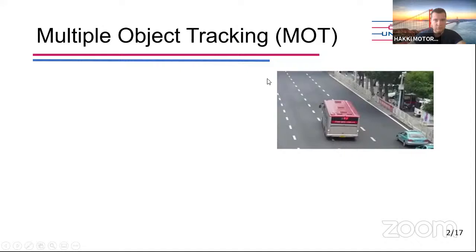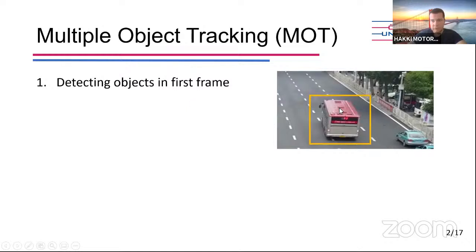So what is multiple object tracking before we jump into our paper? First, we take a video feed. It can be live or taken beforehand. And we apply an object detection algorithm on top of it. Let's focus on this bus first. Hopefully we find it. Then we assign a unique ID to each object, like this.